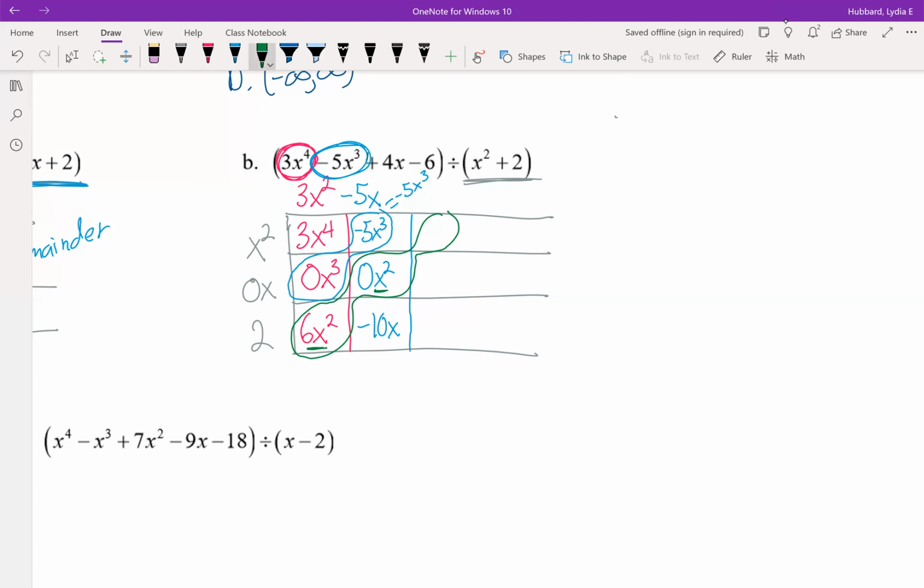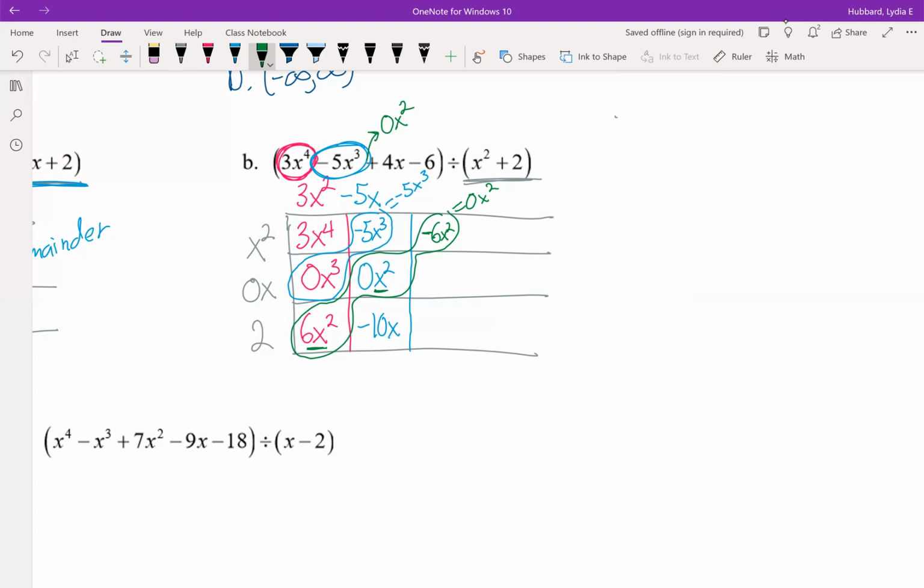That's because in here, there's actually a placeholder of a 0x squared. So this actually has to add to 0x squared. Please be very, very careful of those placeholders in there. There's no way that this could add to 4x. It has to add to 0. So right here would have to go a negative 6x squared, because then this diagonal would add to 0.